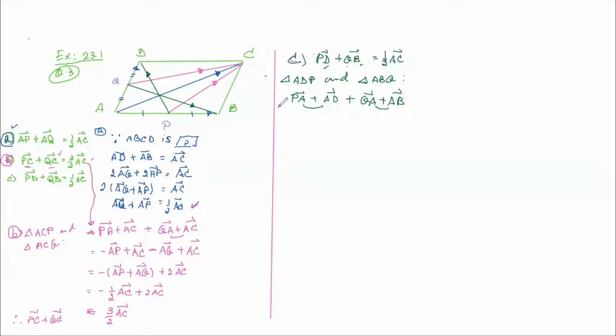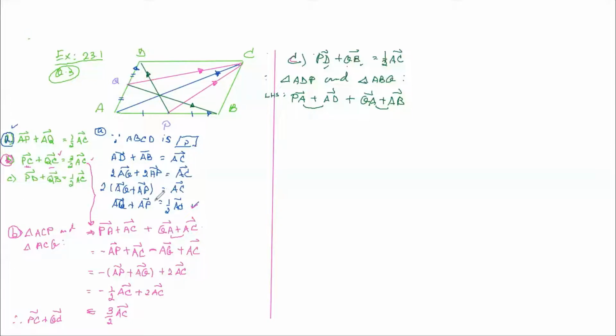Now we work on the left hand side. Then from PA, sometimes try to see the previous information or data we have and try to use it. PA, but we have AP.